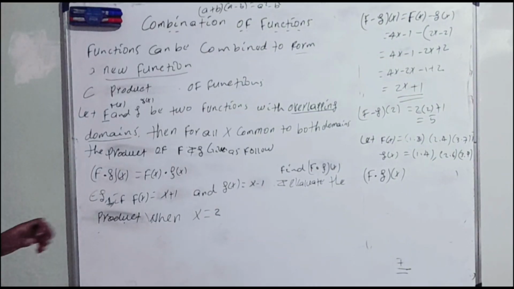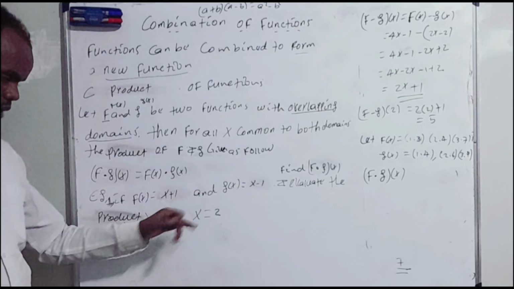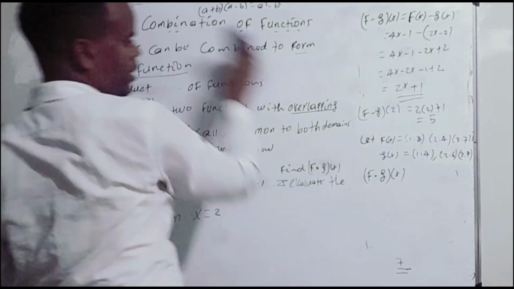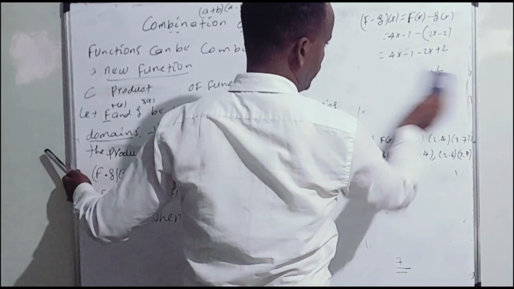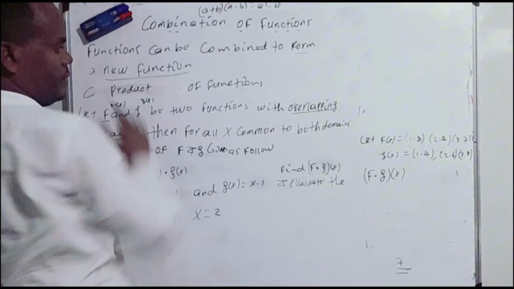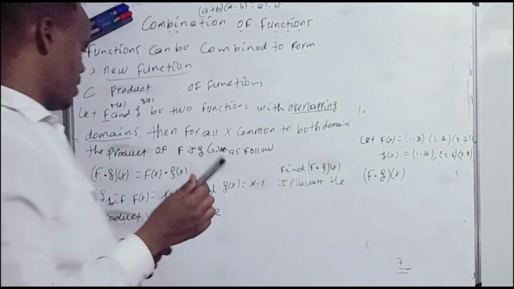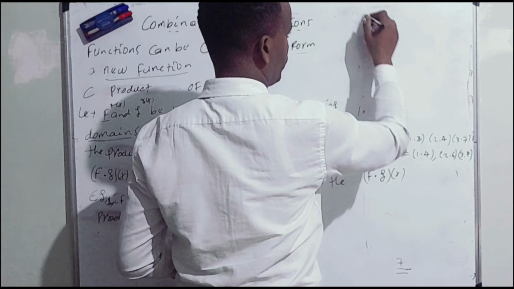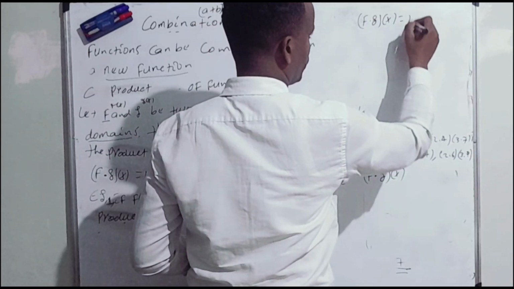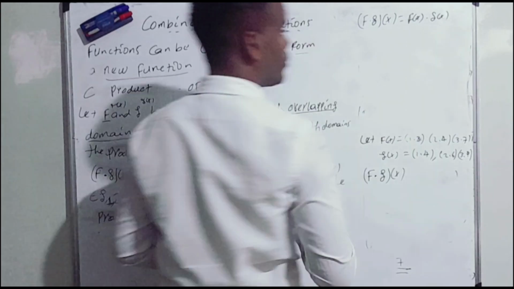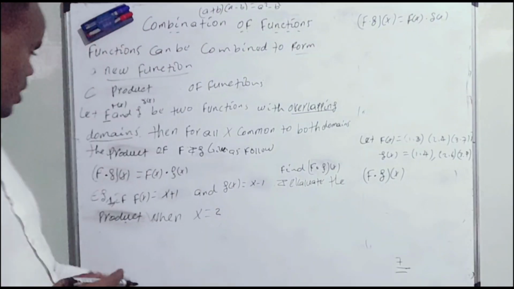Okay, and evaluate the product when x is equal to 2. This is from the product of two functions. Okay, this means that (f × g)(x) is equal to f(x) times g(x).